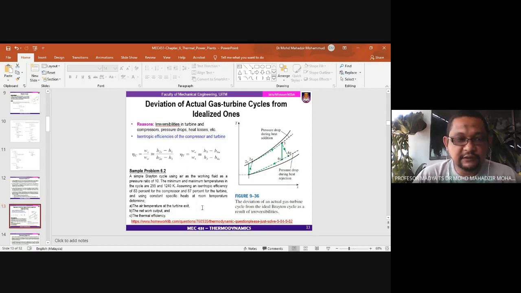So when you see this sentence, that means you have to do the calculation based on the actual value.